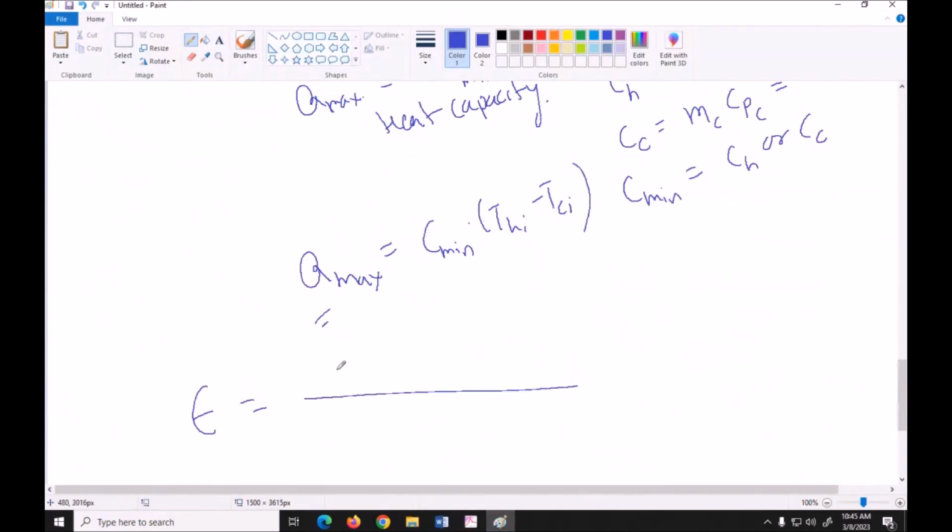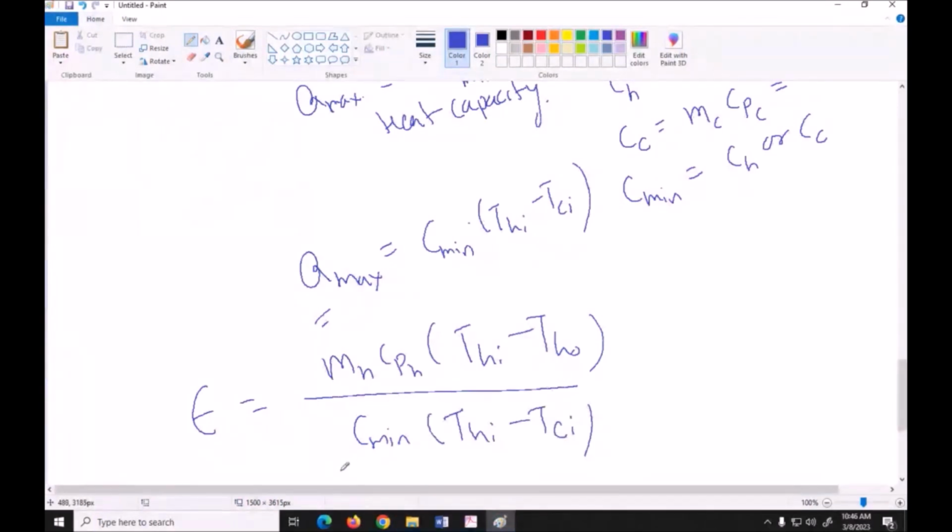Effectiveness of the heat exchanger is equal to, if I consider hot water, MH, CPH, THI minus THO divided by C minimum, THI minus TCI. So here maybe MH, CPH or maybe MC, CPC. So this will get cancelled and here we'll get this. If hot water is minimum and this is hot water, it will get cancelled.